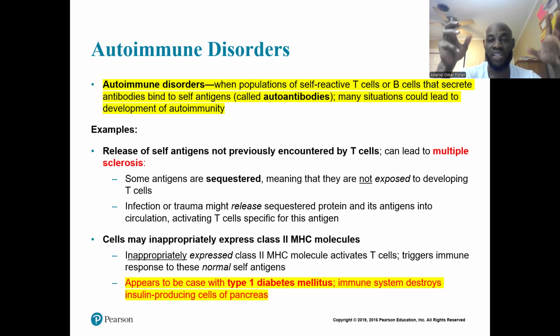And when we have T cells and B cells that have antibodies that bind to antigens on good cells, your body starts attacking itself. So, for instance, multiple sclerosis is an example of that. The body attacking itself. And that is the end.